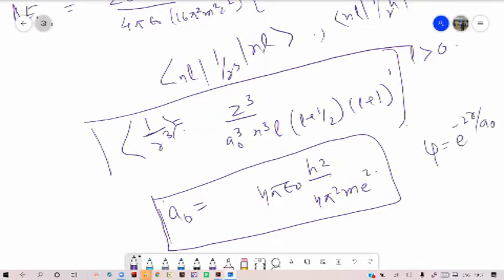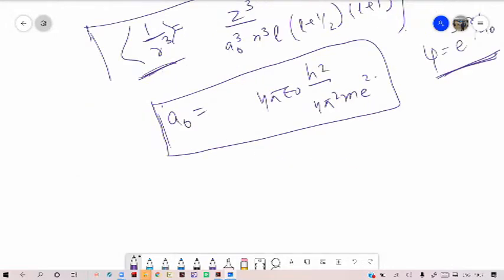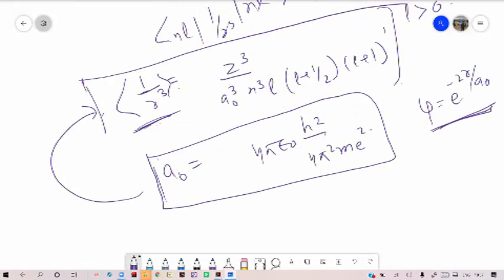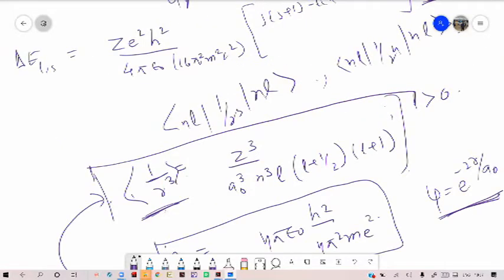This is the expectation value of the radial position function, and psi has been taken like this for the first orbit of the hydrogen atom.